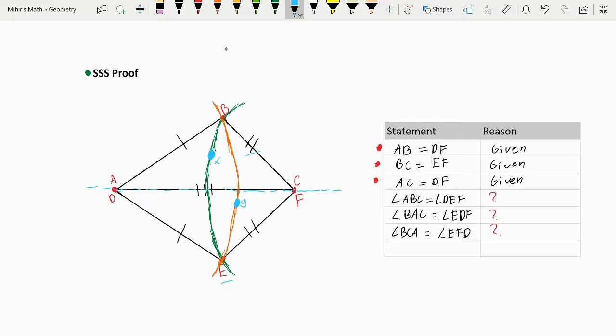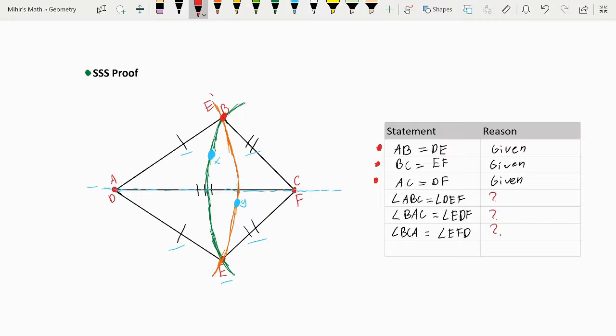So the only way across these two arcs where these dimensions here would maintain the same would be if E goes directly onto B. So if E prime maps to B, that's the only way that the dimensions would stay the same, because we know that DE is equal to AB, and BC is equal to EF.